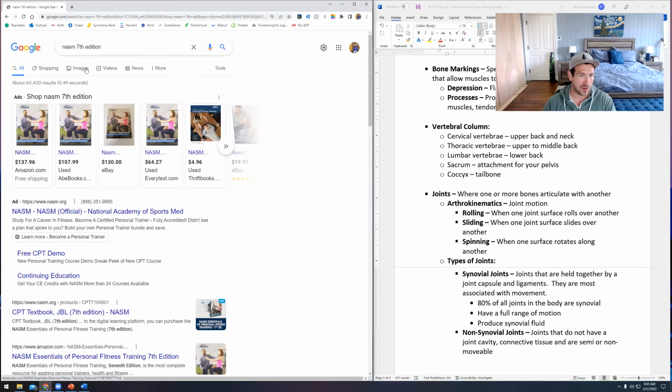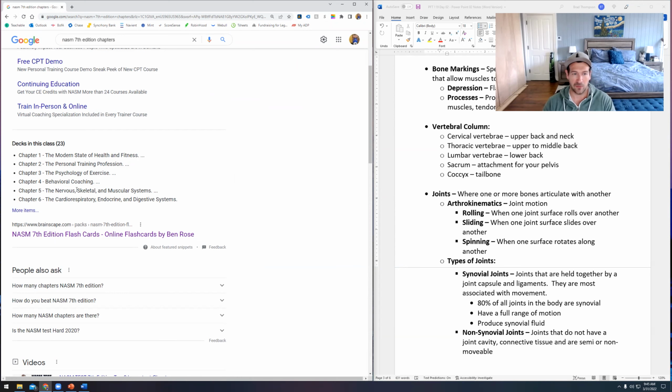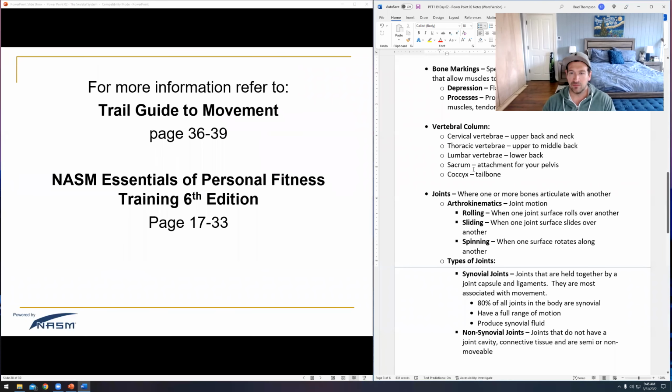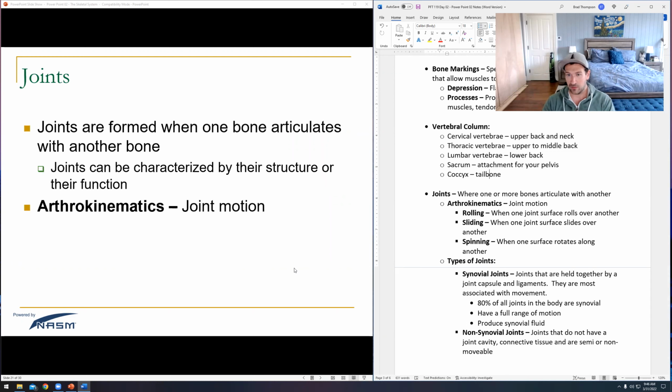It's going to be chapter 5 of your regular NASM textbook in the skeletal section. So that is where you can follow up that reading.